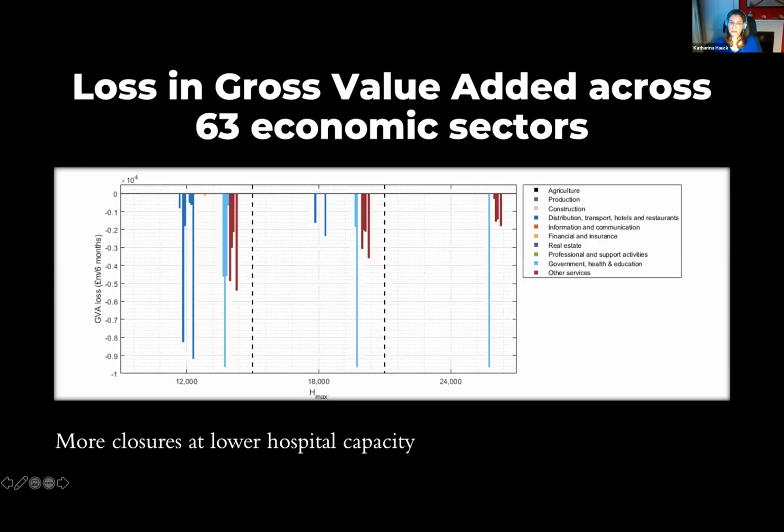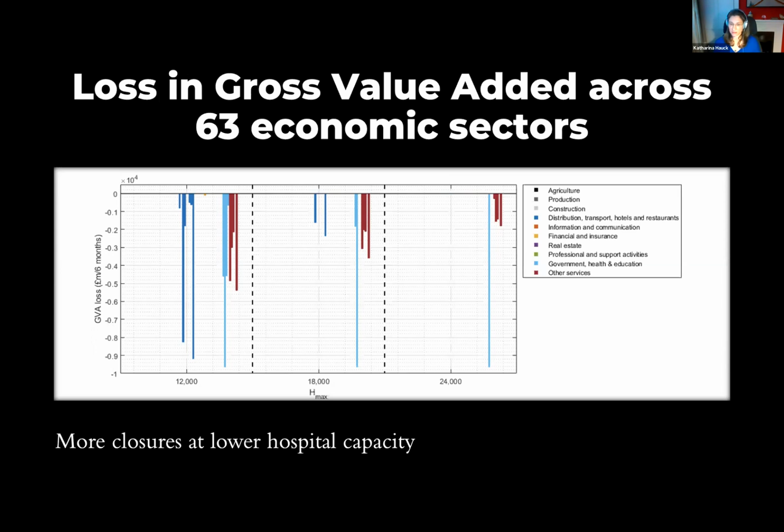So here you can see the loss in gross value added across the 63 economic sectors for our three different hospital constraints. Obviously, the fewer constraints we have in the hospital sector, the more sectors we keep open and the less GDP we lose. So on the right side, that's economically the most optimistic picture.